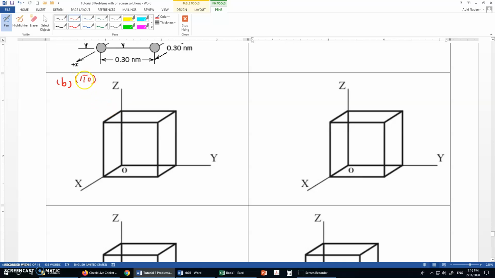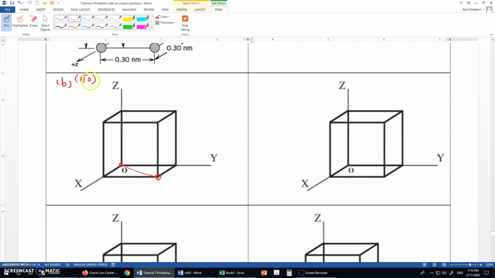Since at the y coordinate there is a 1 bar negative value, we will take the origin here, and from this origin we will go to this 1 and then this -1, and then we will combine these two together.